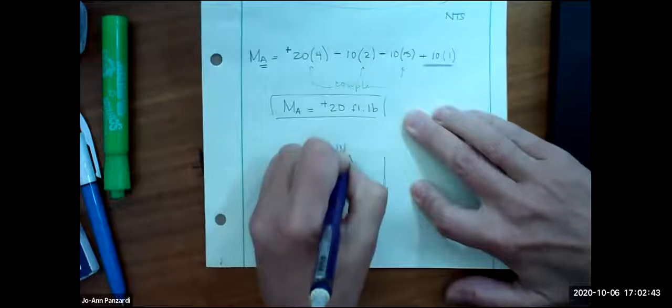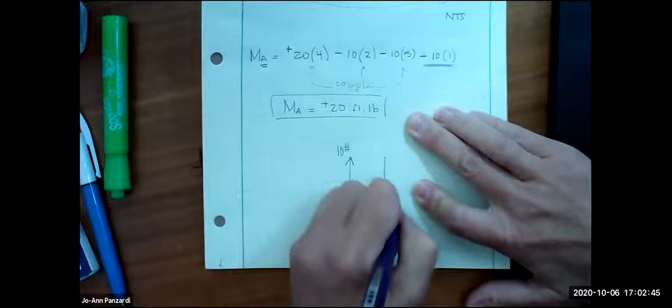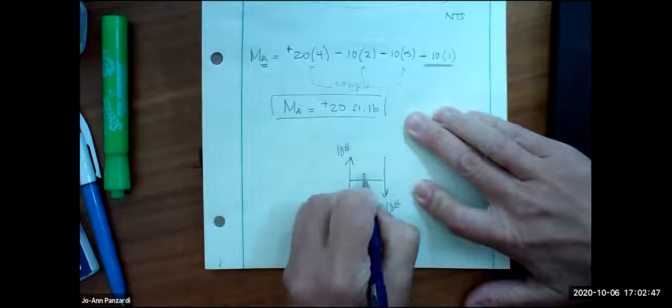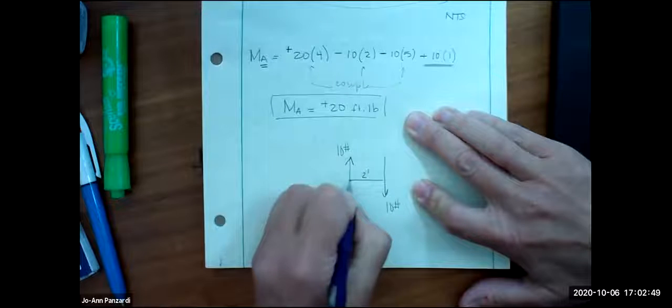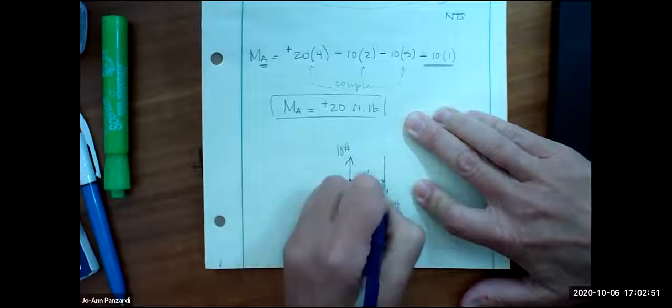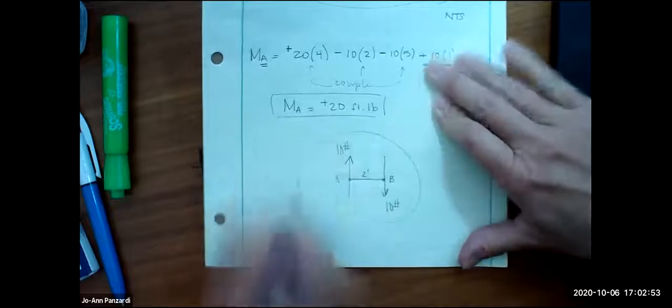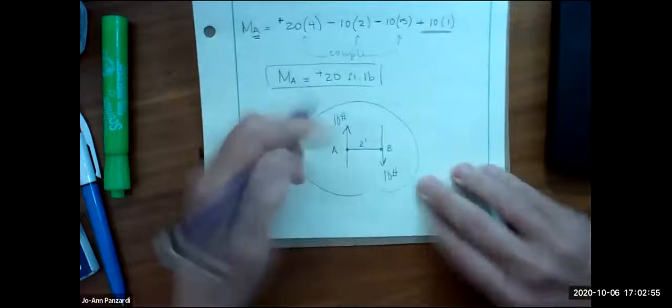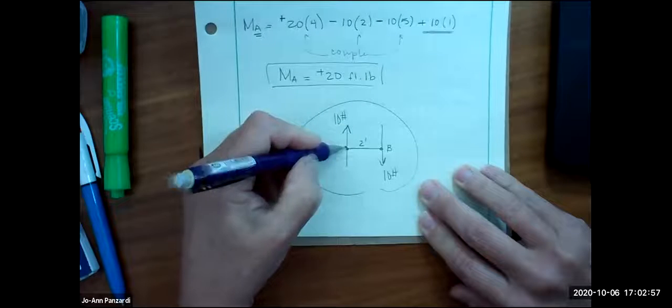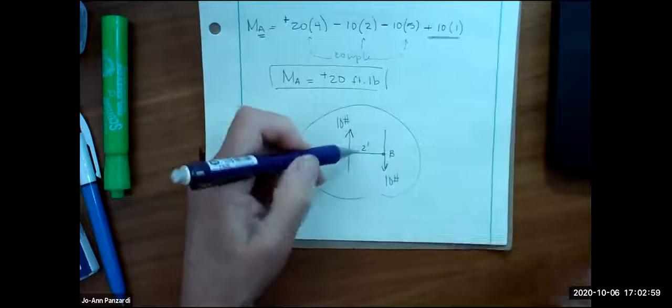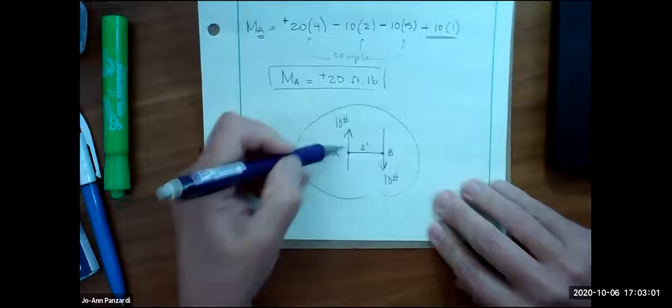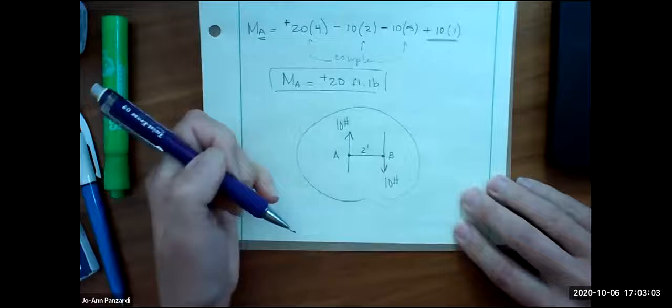Right? So here, this is where I was going with this. Here we have another example. Here's a 10-pound force. The distance is 2 feet. Here's point A. Here's point B. At point A, the moment is 10 times 2, negative. At point B, it's 10 times 2, negative.